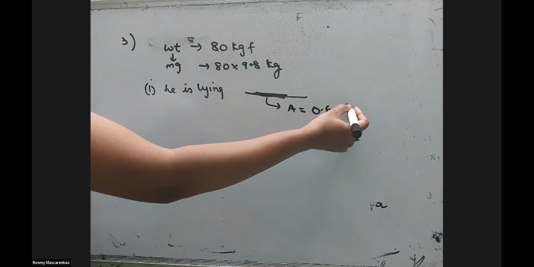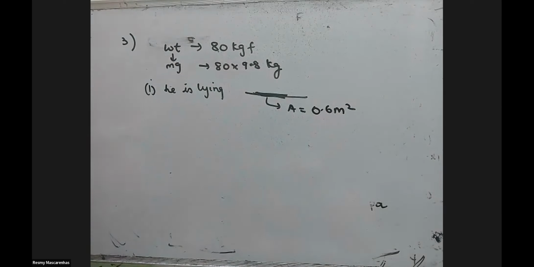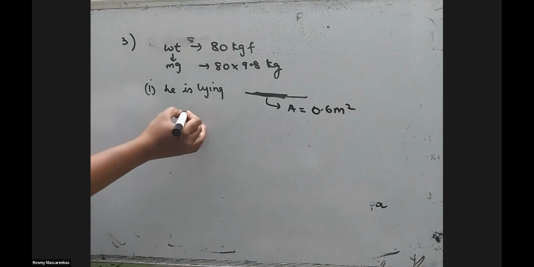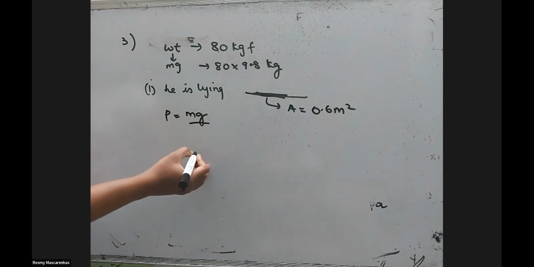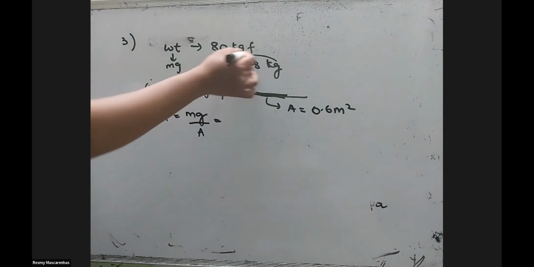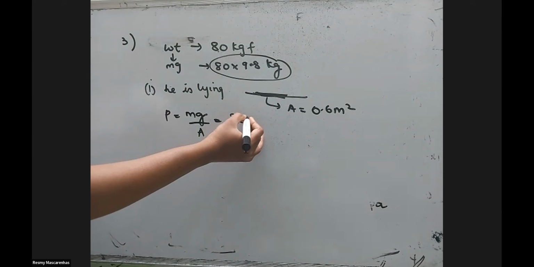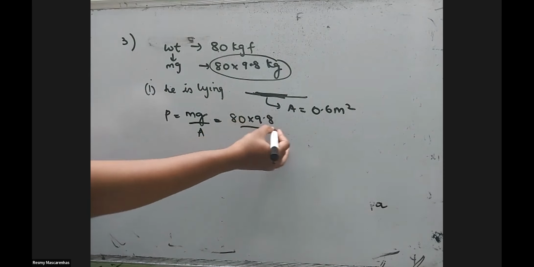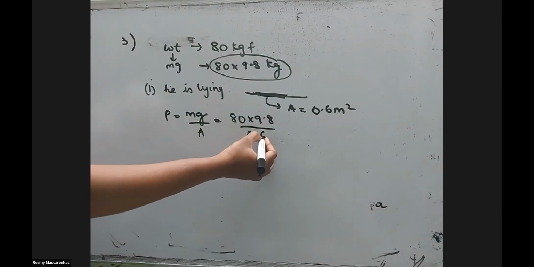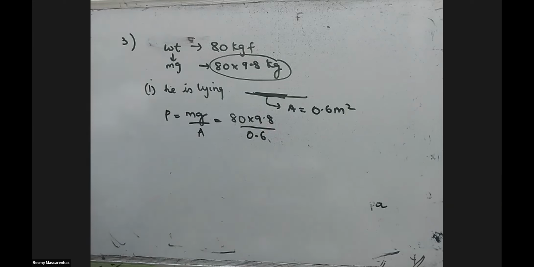No need to convert, it is in meters only. So pressure will be directly mg upon A. So total mg is this. Eighty into 9.8 upon 0.6.